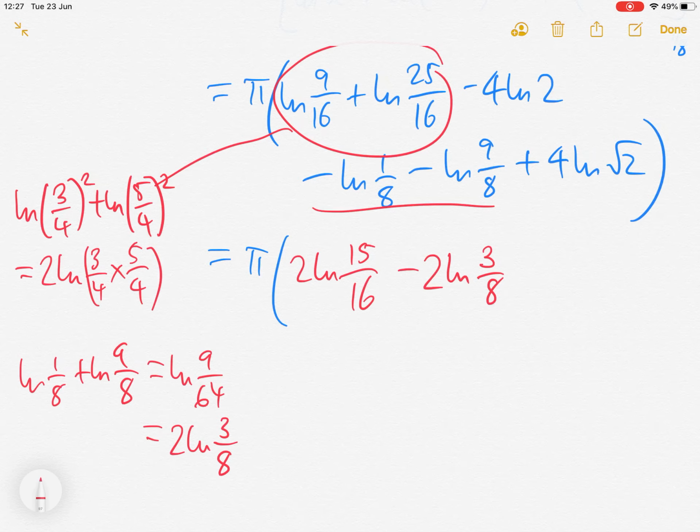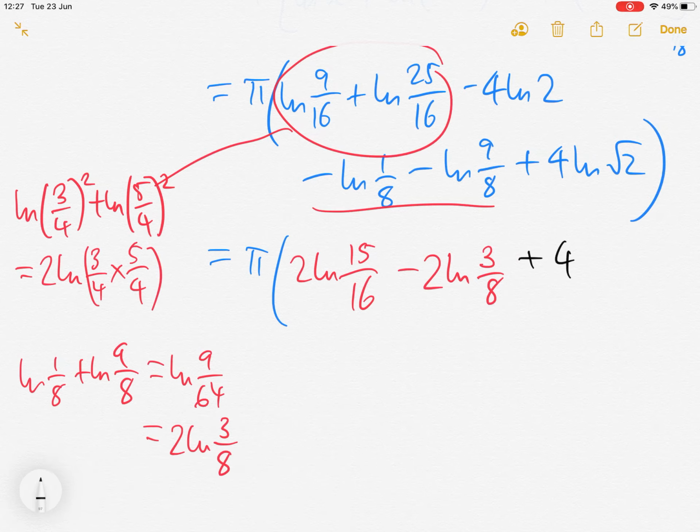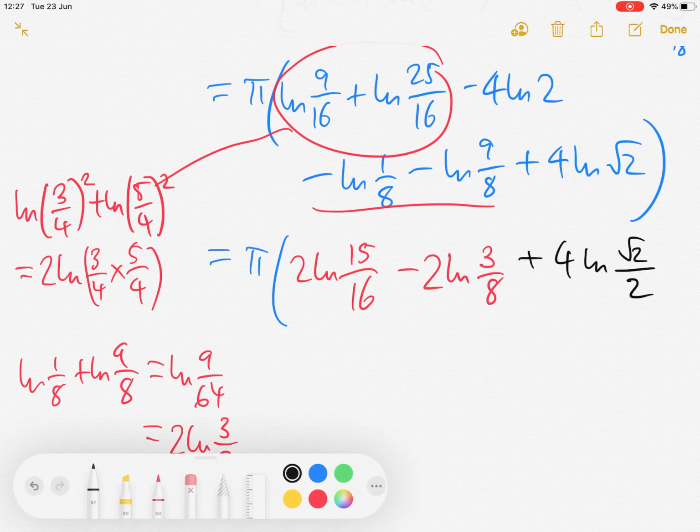And then I've got the other stuff, which is 4 log root 2 over 2, which of course is, well, there are some things we can do with that. So we'll look at that in a second.